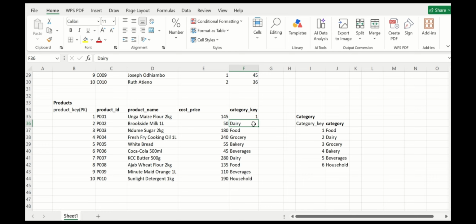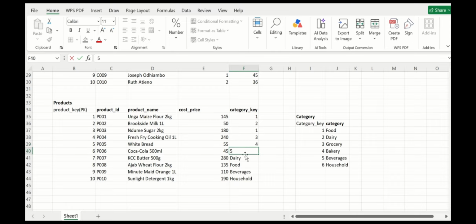Here we have dairy represented by 2. Food again, this is 1. Grocery, this is 3. Bakery, this is 4.